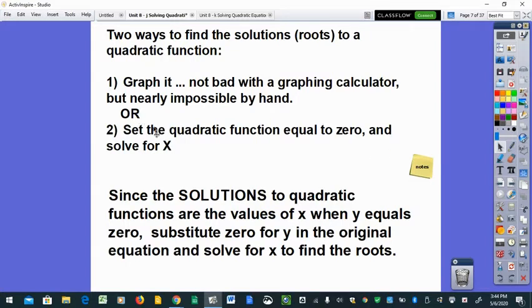So instead, we're going to take our quadratic function, take the y out, and substitute 0, because the equation of the x-axis is y equals 0. We're going to solve it for x to find the roots, or solutions.